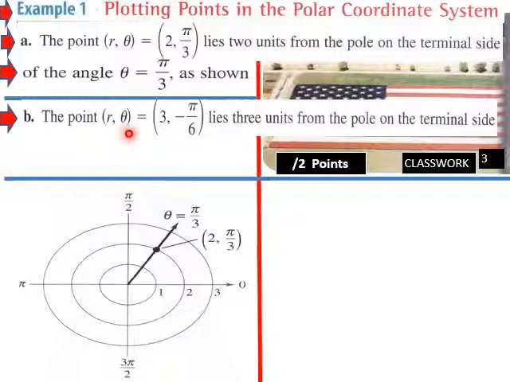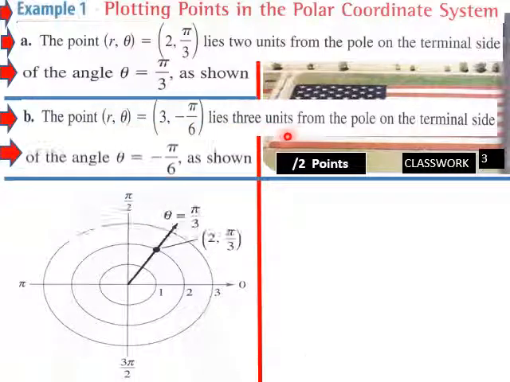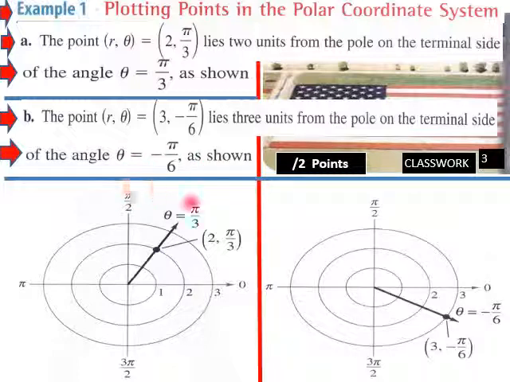B, the point (r, theta) equals (3, negative pi over 6) lies 3 units from the pole on the terminal side of the angle shown. So now we're going in the negative direction, pi over 6, which would be a negative 30-degree angle. That's where that coordinate would be.